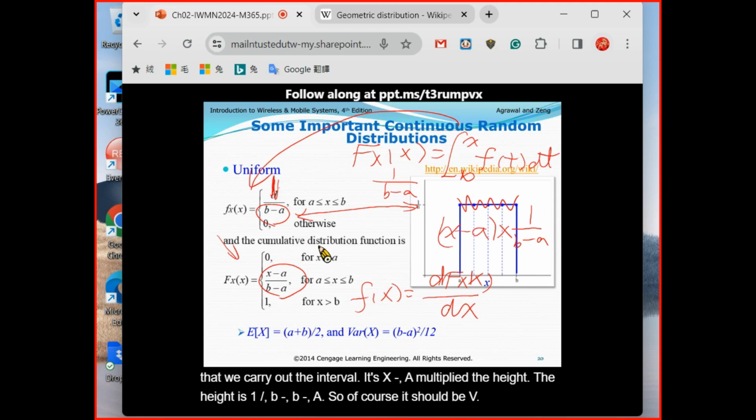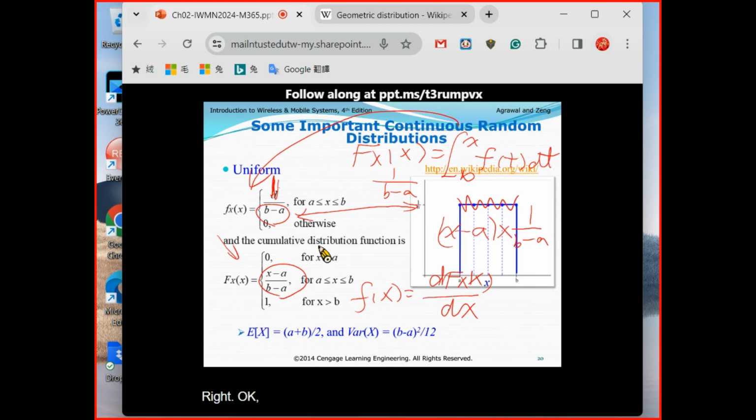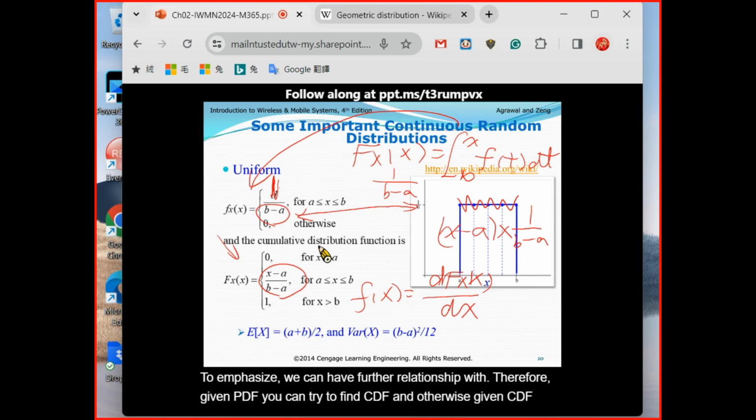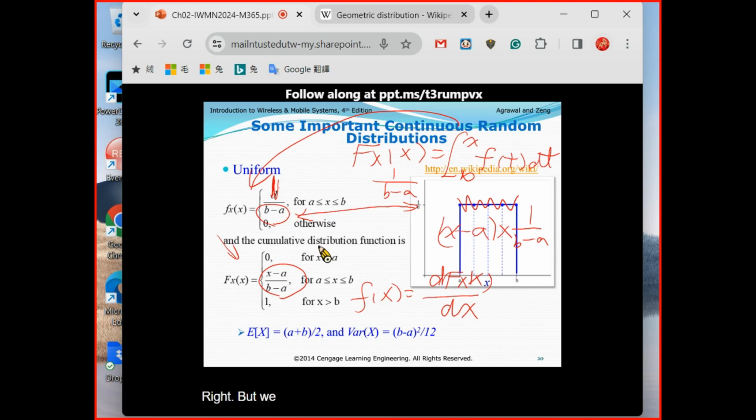If you understand this, I want to emphasize the relationship: given the PDF, you can find the CDF. Likewise, given the CDF, through differentiation you will find the PDF. We don't derive the CDF from the PDF here, but we can derive the PDF from the CDF.